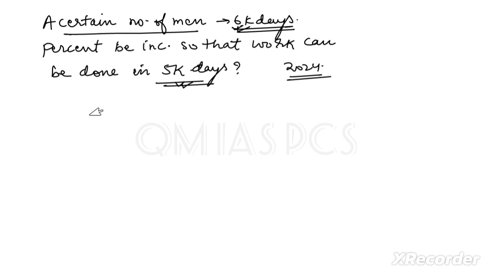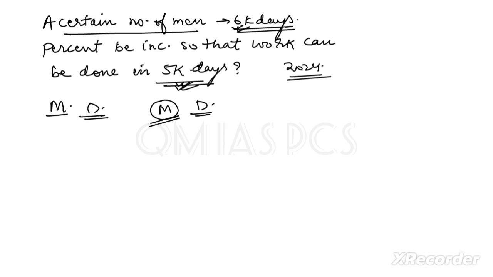Man is there, day is there, second condition is there. We have to find the new man. If we find this, we can find the change in men, and from that we can find the percentage increase.